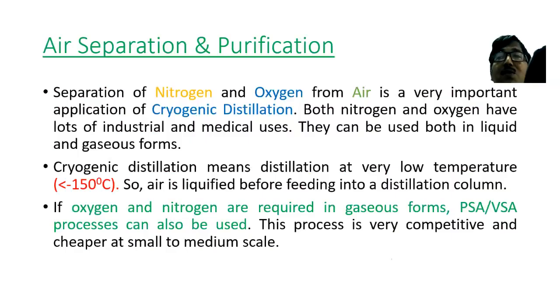There we need not do liquefaction, and this process is very competitive. So for small to medium scale applications, we can apply this particular process. Only one thing we should keep in mind: if we want high purity oxygen or high purity nitrogen, then obviously cryogenic distillation is the better option.